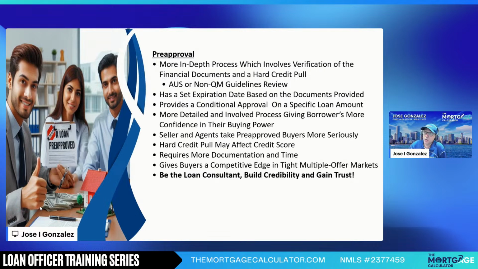And for non-QM, I did mention automated underwriting is not applicable, but it will require a thorough non-QM guidelines review for the specific option that is being selected for that borrower. Remember, in non-QM, you cannot generalize guidelines, right? They're not homogeneous. They do vary from investor to investor.